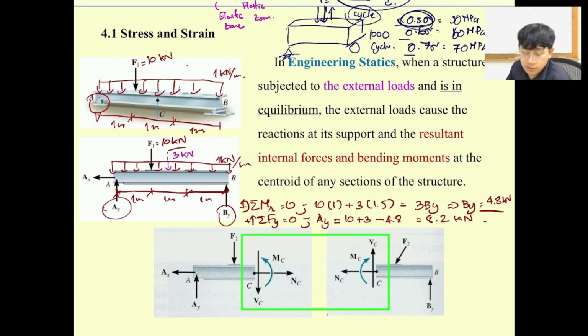And then for engineering statics, what we can do is draw the free body diagram, and then we solve for the reaction, right? And then most of the time we would like to know the resultant force at the reaction, and then draw the shear and bending moment diagram only. And for engineering statics, in some chapters we also find the internal force.